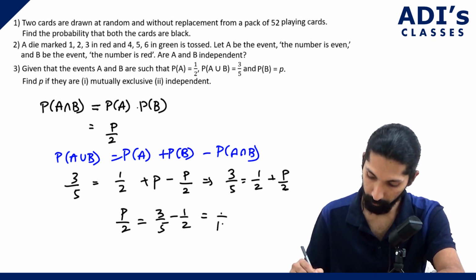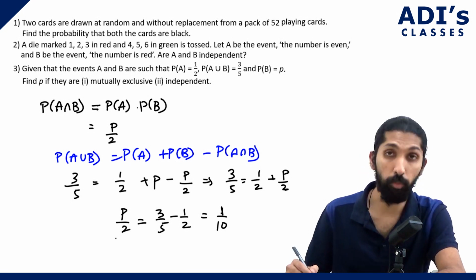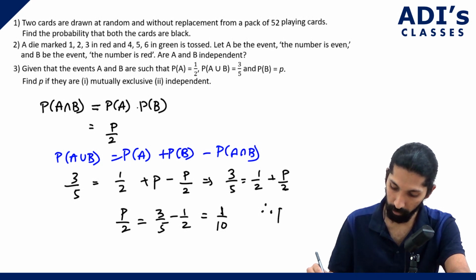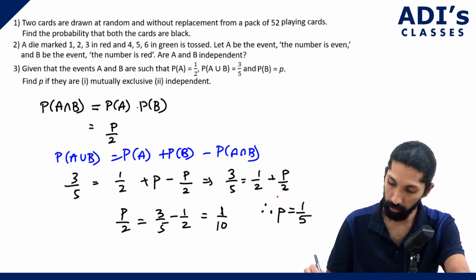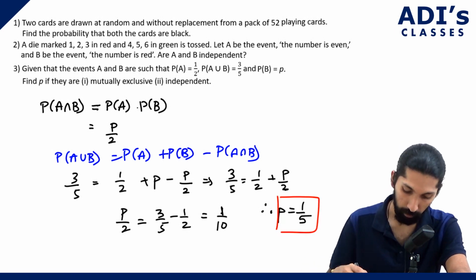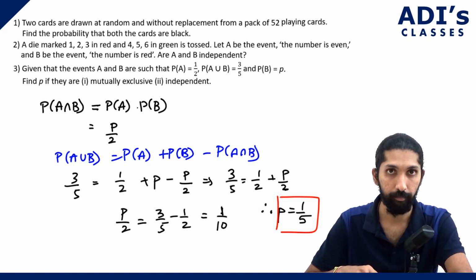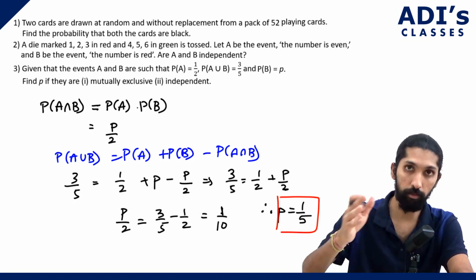If P by 2 is 1 by 10, then can we say therefore P is equal to 1 divided by 5. So this is the answer for the third question, that is 3B, the second part of it. Fair enough? Now, let's do the next one.